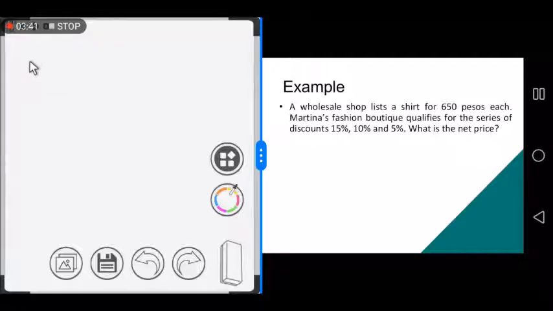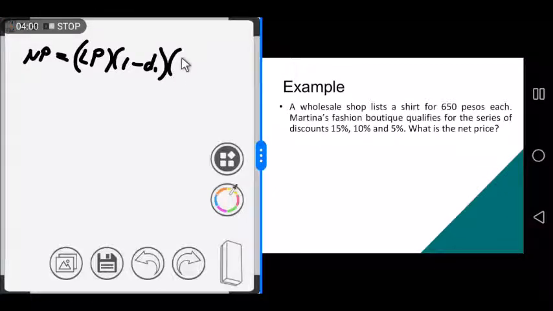So again, yung ating net price po will be equal to the list price times yung atin pong complementary rate. So, ang complementary rate natin is 1 minus yung una nating discount rate times 1 minus our pangalawang discount rate and so on, kung meron man pong kasunod pa.